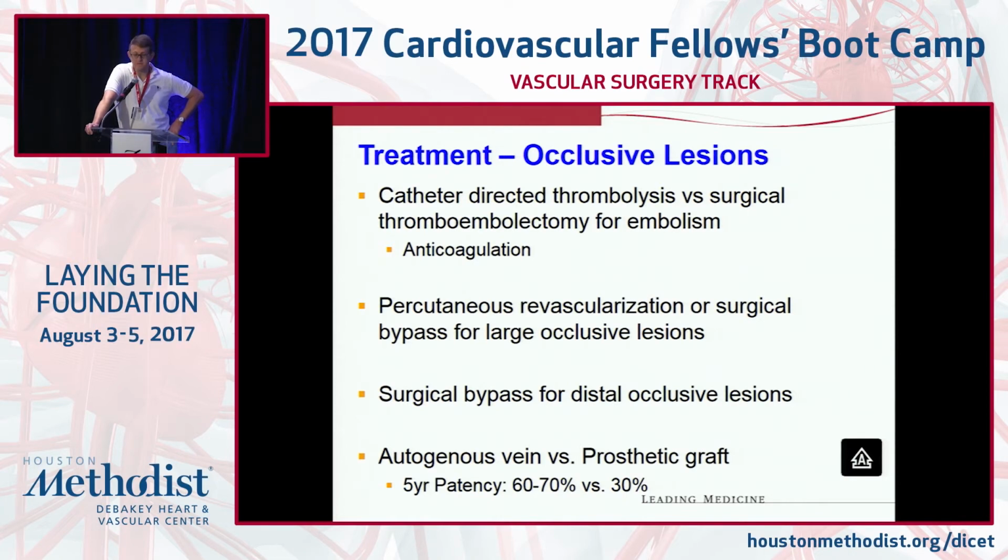and you have reasonable outflow into the forearm and the hand, usually surgical therapy is going to be the preferred treatment. If you have occlusive lesions from which either the thrombus originated or which have simply caused a low flow state that's led to critical limb ischemia, then again you have your percutaneous versus open options.